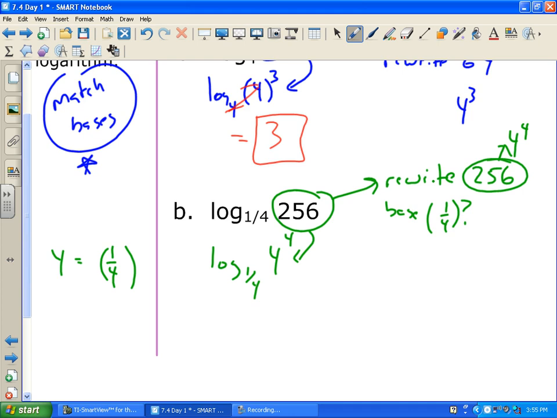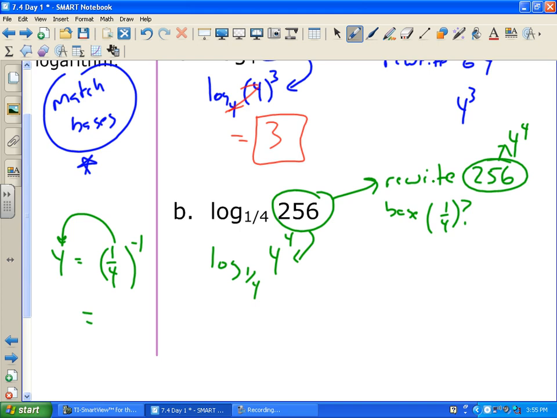Some of you guys are thinking it. 1/4 to the negative 1 is 4. Again, 1/4 to the negative 1 is 4.